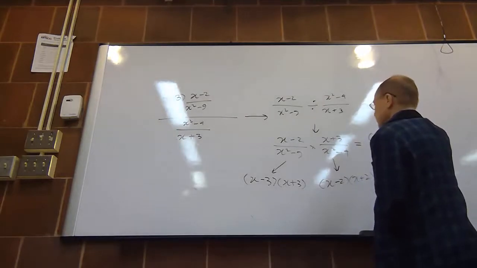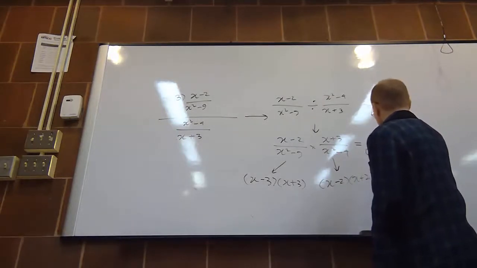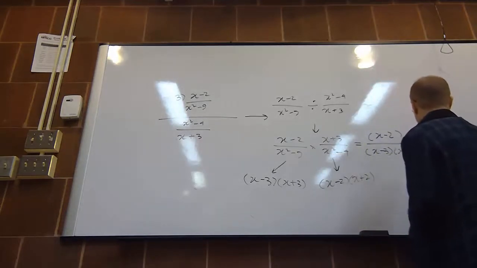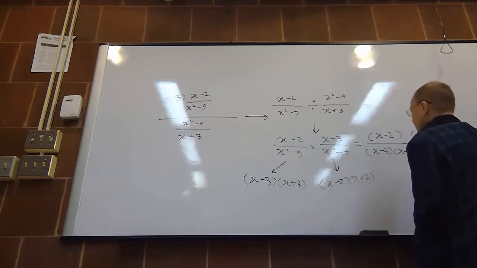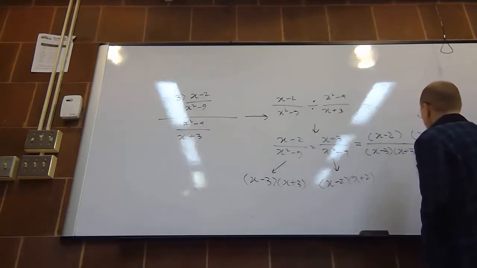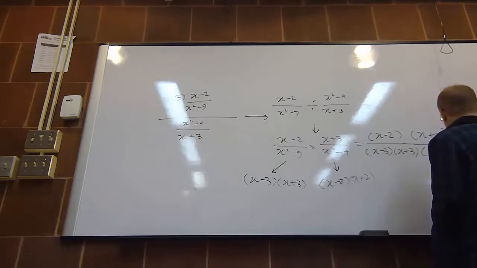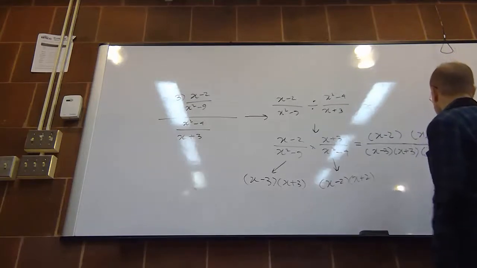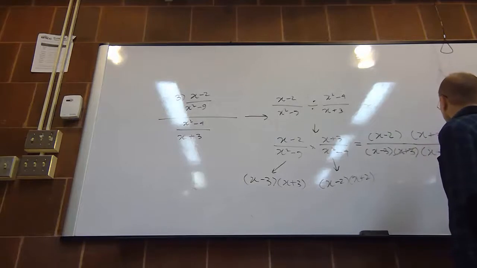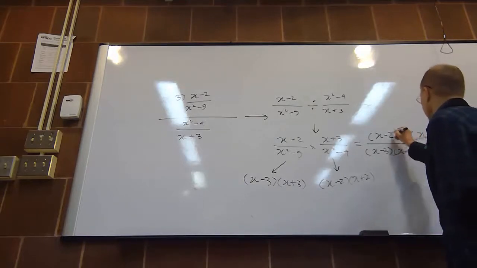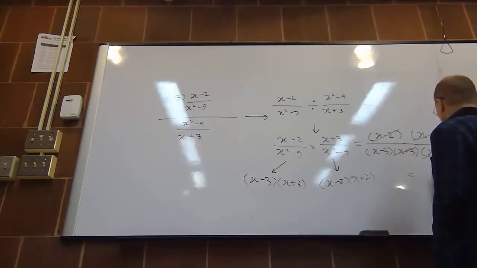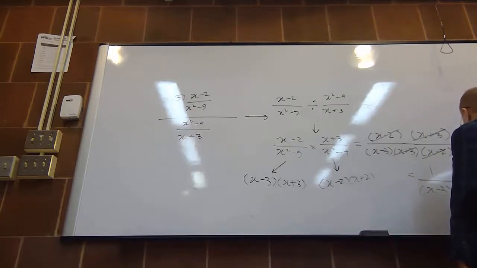We go x minus 2 over x minus 3, x plus 3, and then continue this on, x plus 3 over x minus 2, x plus 2. And now we can start canceling, and here we cancel the x plus 3, x plus 3, and here we cancel the x minus 2, and we end up finally with 1 over x minus 3, x plus 2.